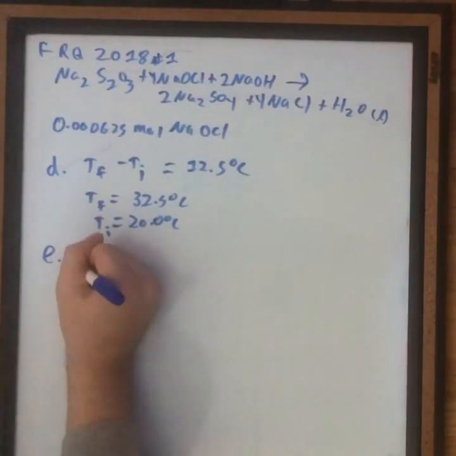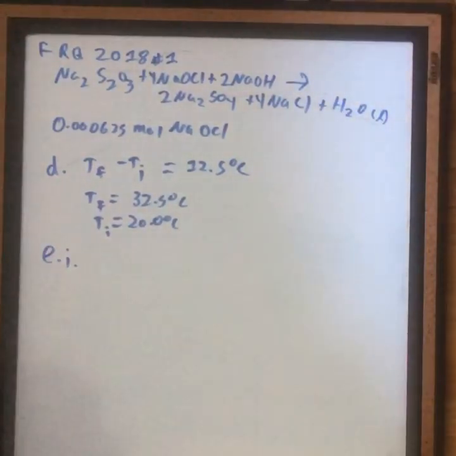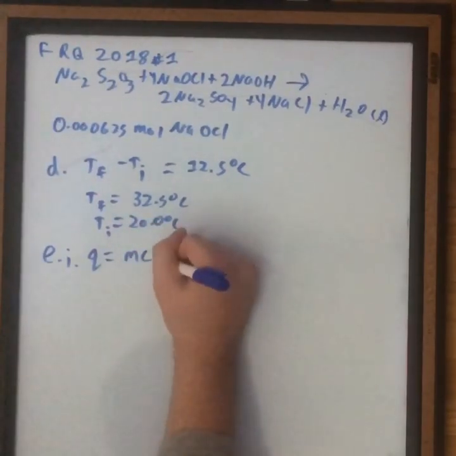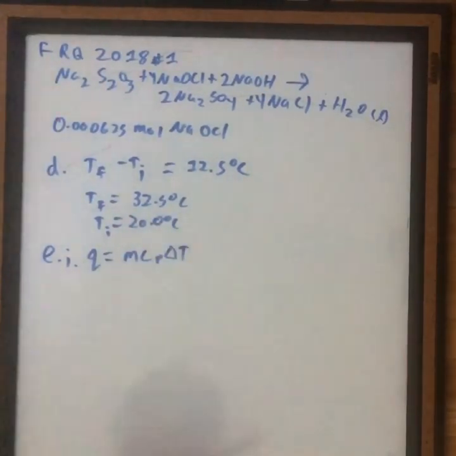Part E. The mass of the reaction mixture inside the calorimeter is 15.21 grams. 1. Calculate the magnitude of the heat energy in joules that is released during the reaction. Assume that the specific heat of the reaction mixture is 3.94 joules per gram degrees C, and the heat absorbed by the calorimeter is negligible.